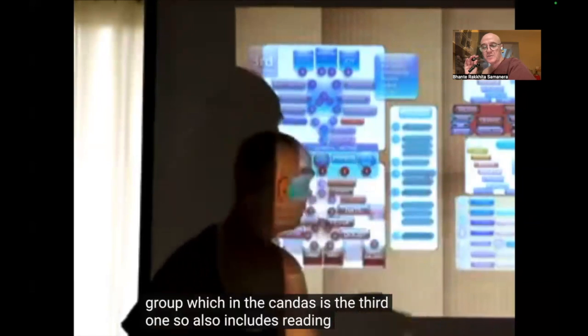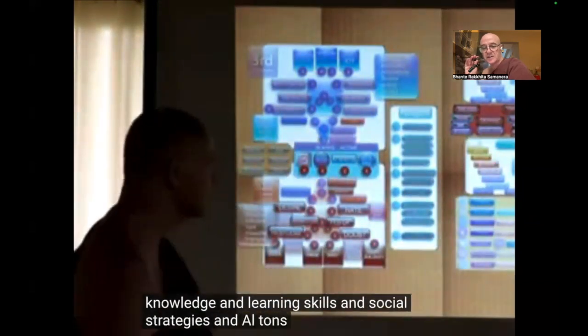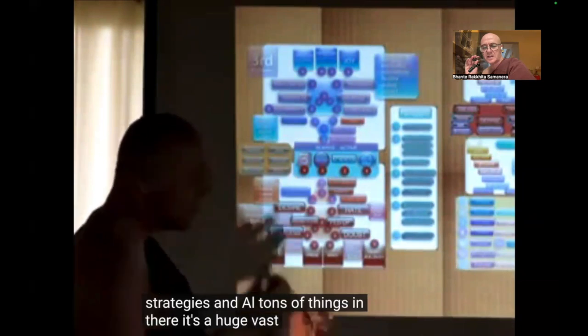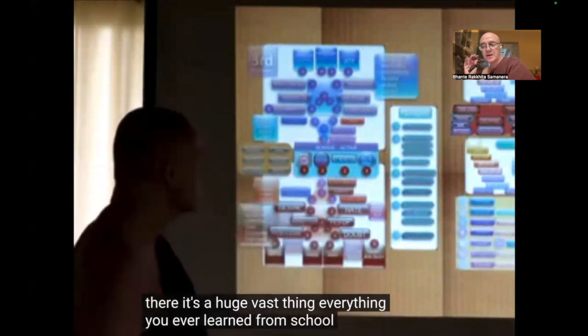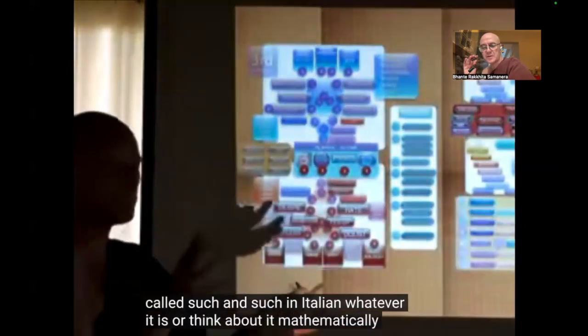So it also includes reading and general knowledge and learning skills and social strategies and all sorts of tons of things in there. It's a huge, vast thing. Everything you ever learn from school basically comes up. So you can say, yes, that's called such and such in Italian, whatever it is, or think about it mathematically or something. Perception.